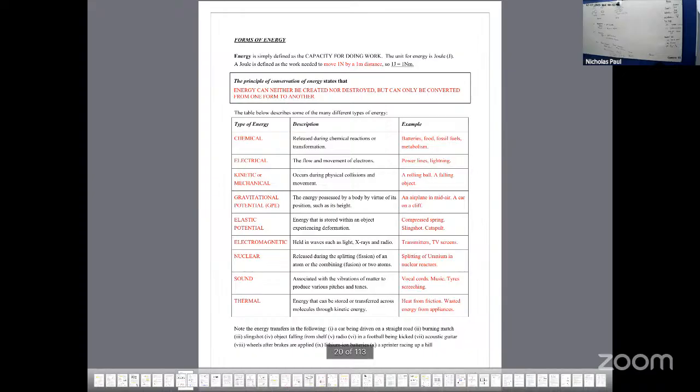So for example, let's look at an electric fan. What are the energy conversions in an electric fan? Well, what's the source of energy? The electricity, electrical energy. And that electrical energy is converted into mechanical. And what type of energy are you receiving?